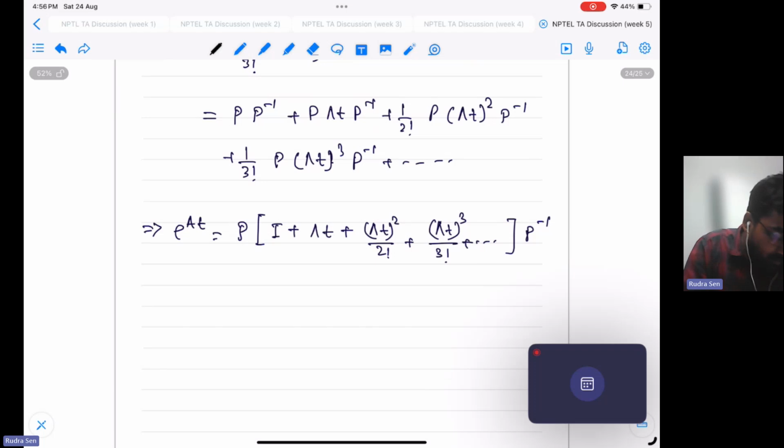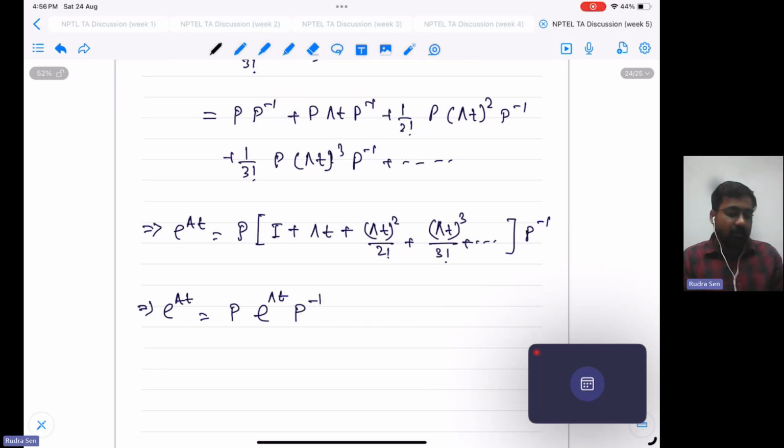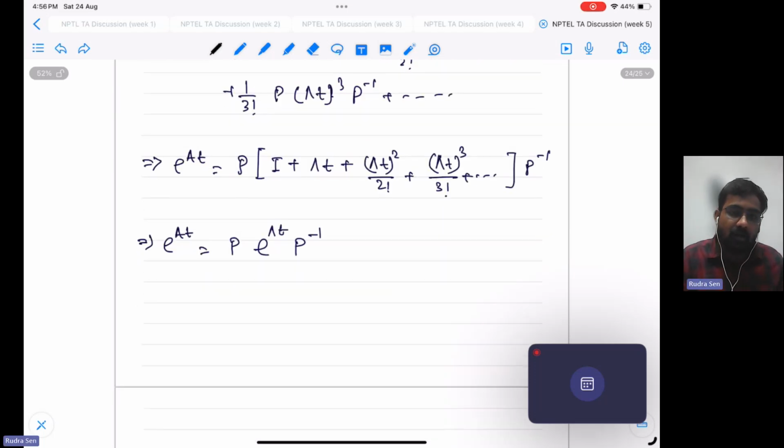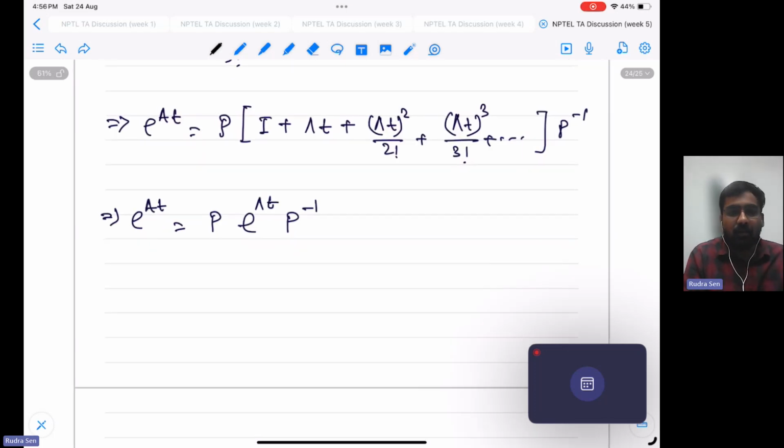So this term is basically e to the power lambda t, and e to the power At equals P e to the power lambda t P inverse. Right? So you can find e to the power At using this diagonalization process, using e to the power lambda t. In that way, you can easily find the state transition matrix.